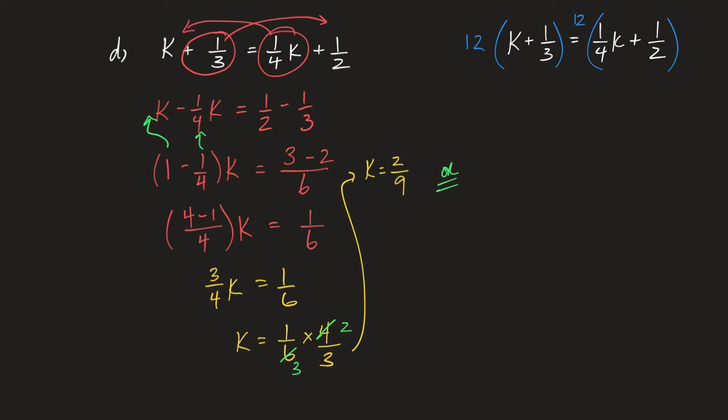I do the same thing on the right as well. Now we're getting closer to the way I would actually solve the problem. What I do is put brackets around each individual term, and now I multiply each term by 12. I hope we can see that by multiplying each term by 12, I've multiplied both sides by 12.